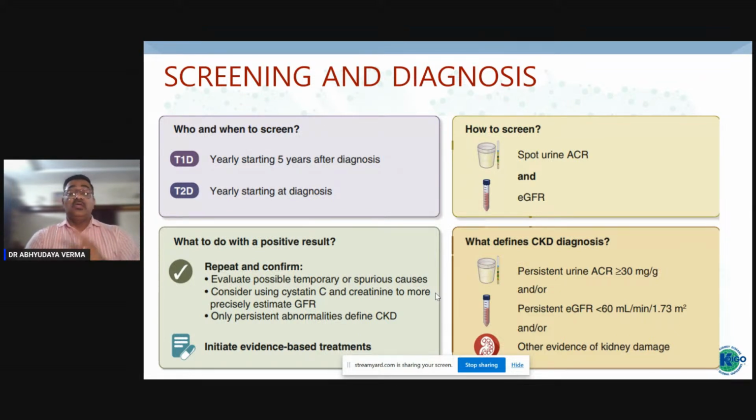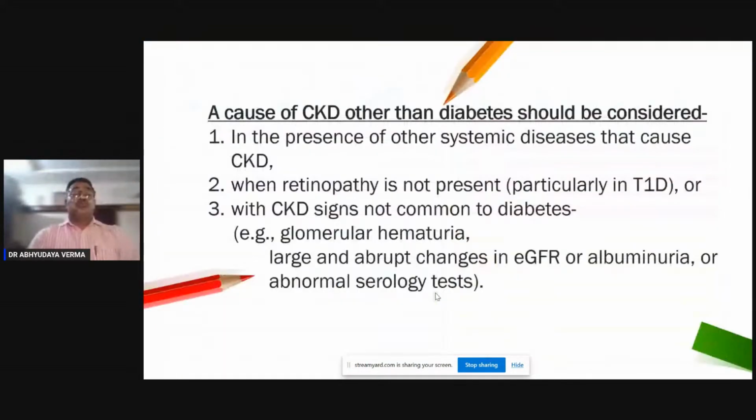And how can we say that this patient is CKD according to a test? If there is a persistent urine ACR more than 30 mg per gram and/or persistent EGFR less than 60 and/or other evidence of kidney damage.